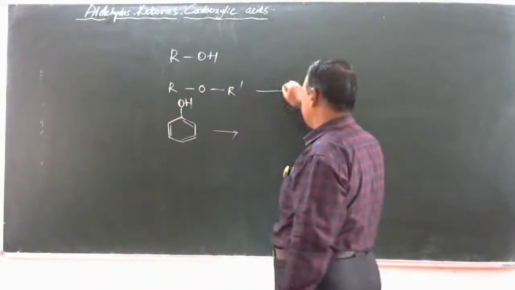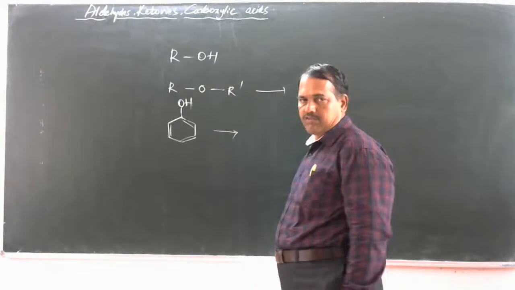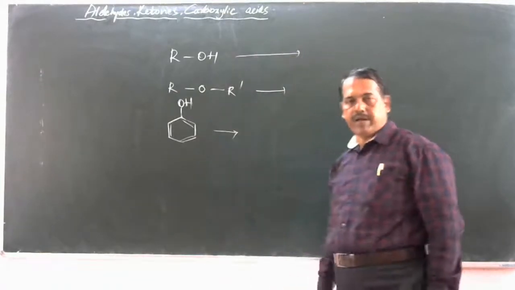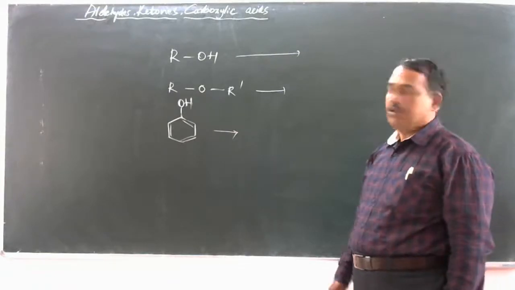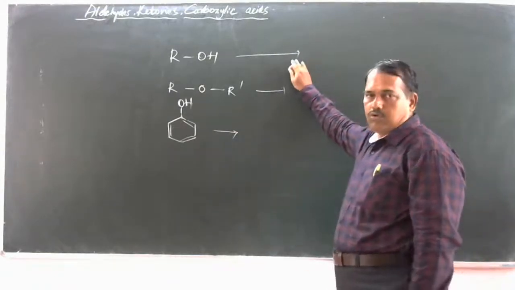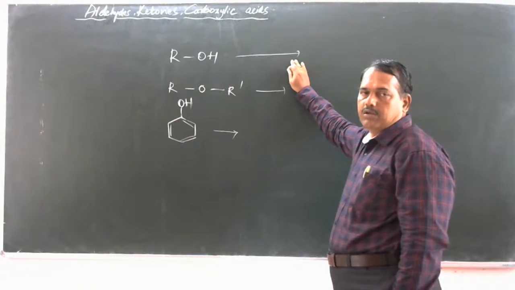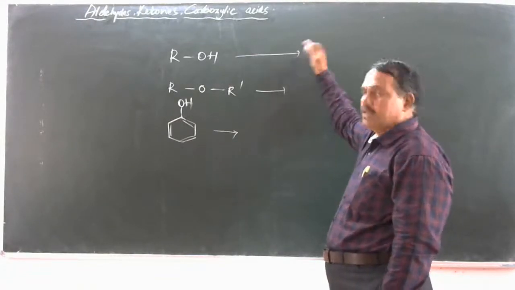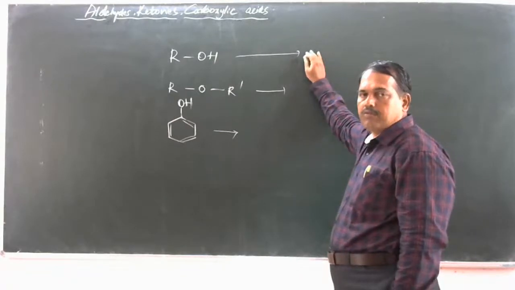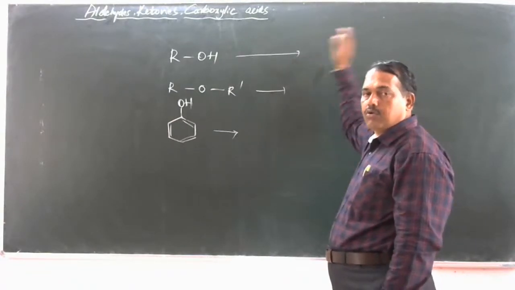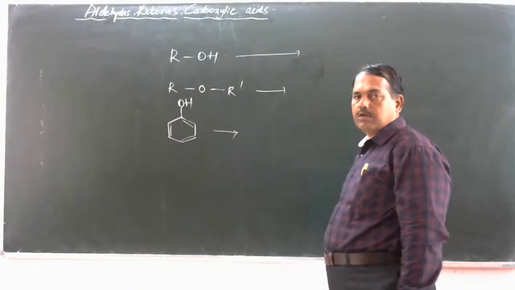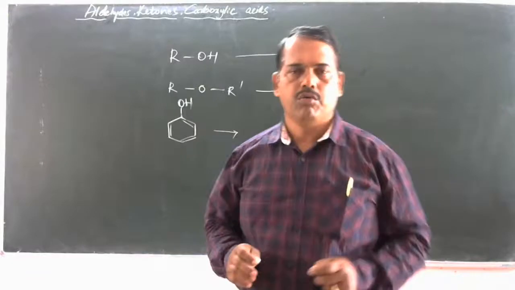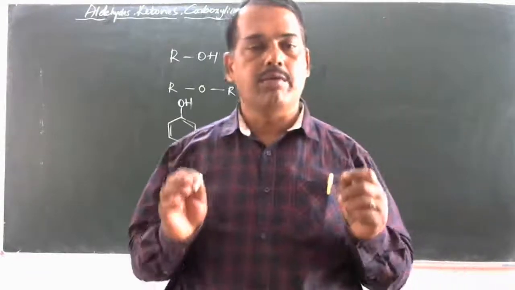In ether, the Williamson ether synthesis, and in alcohol, the dehydration mechanism. Every year you are going to have a question on how ethene is prepared from ethanol, the dehydration of ethanol to ethene. These are some of the questions which can be asked in your annual examination.